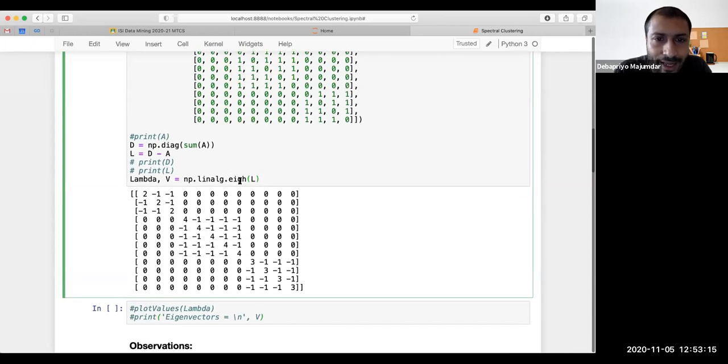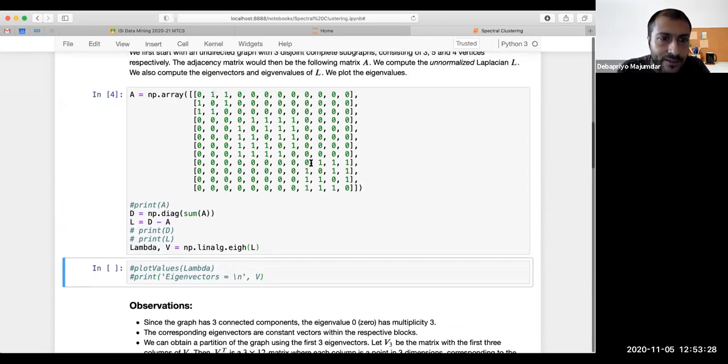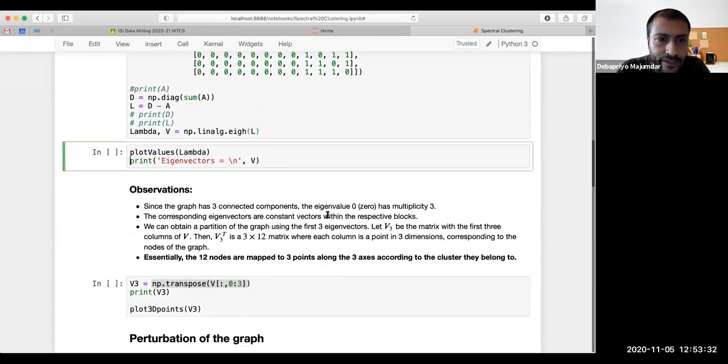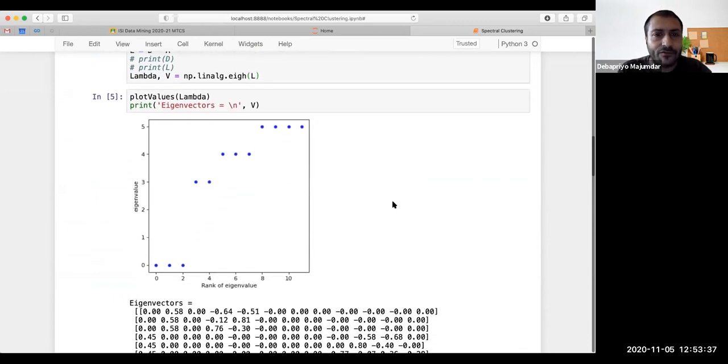And for this, eigh is special for symmetric or Hermitian matrices. It's a bit faster than if you simply do eig. So if I simply do that, okay, it's done. And then I plot the eigenvalues as well as print them, as well as print the eigenvectors.